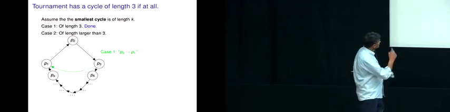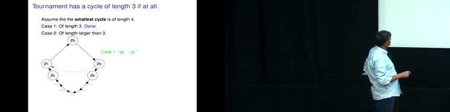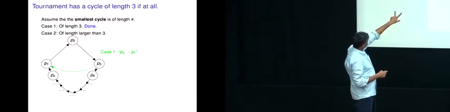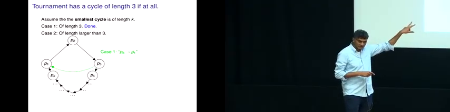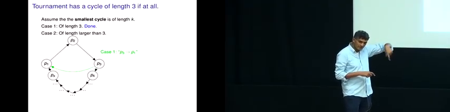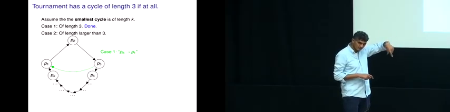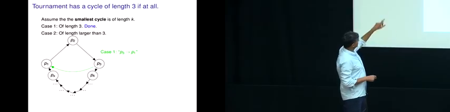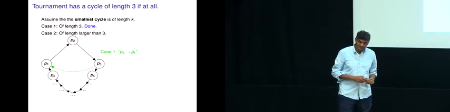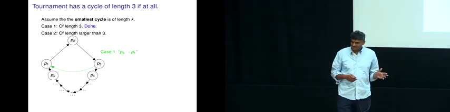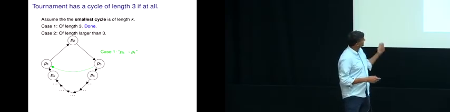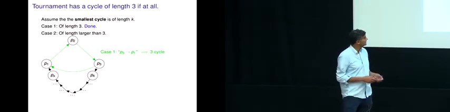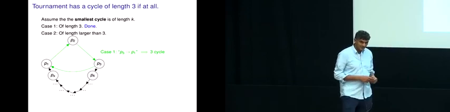Okay, so case 1, P3 beats P1. So P3 and P1 play each other, right? That's what a tournament is. Everybody plays everybody. And when they play each other, either P3 wins or P1 wins. Here we're assuming that P3 wins. Okay? And now do you see something there? Do people see something here? Yeah, in this case, there's a cycle of length 3.